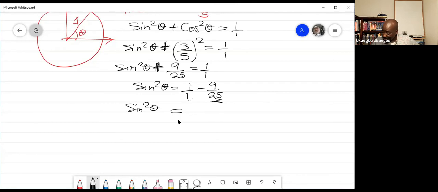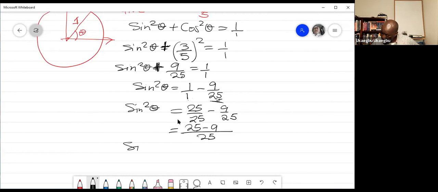So you can write 25/25 minus 9/25. You can see 25 divided by 25 is 1, so it's the same number. You just wrote it in a way that makes more sense to you. Then a common denominator is 25. And then you just do 25 minus 9. And that gives us what?